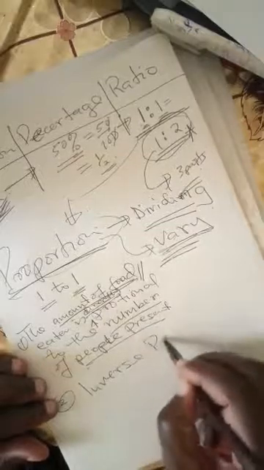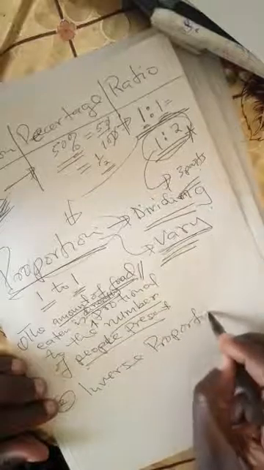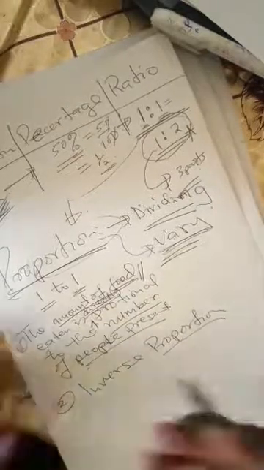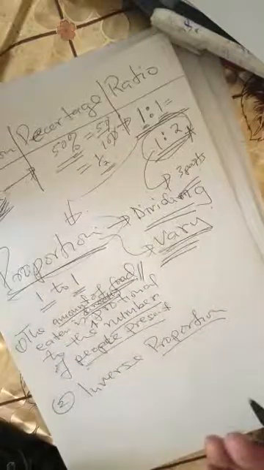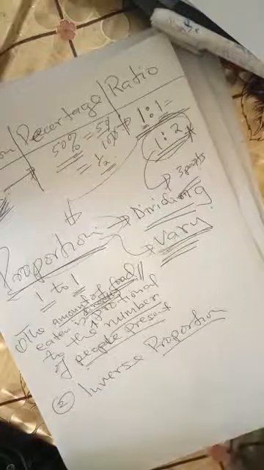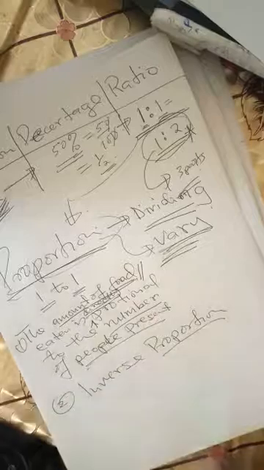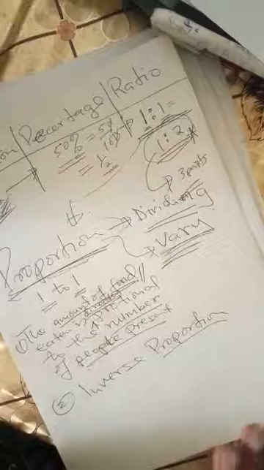So proportion in mathematics is used to compare two things, or to say how they relate in terms of when one is varied. That's how you use proportion.